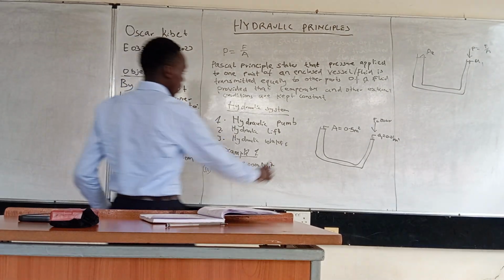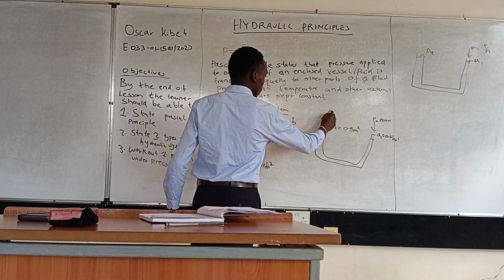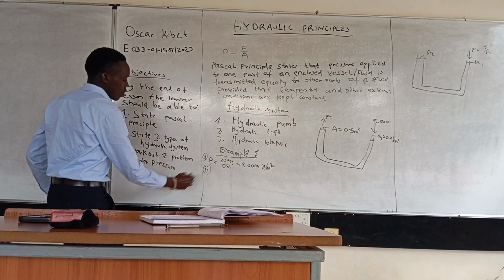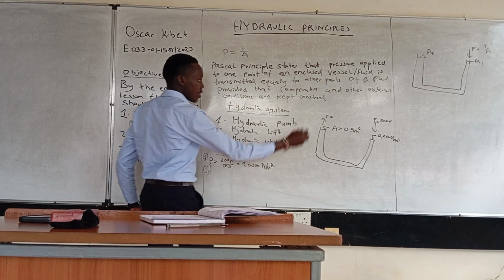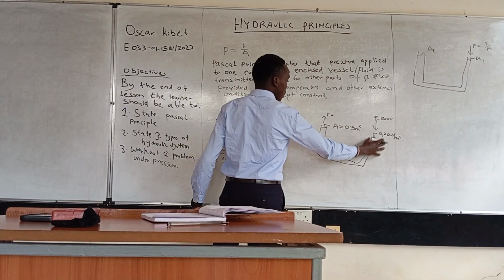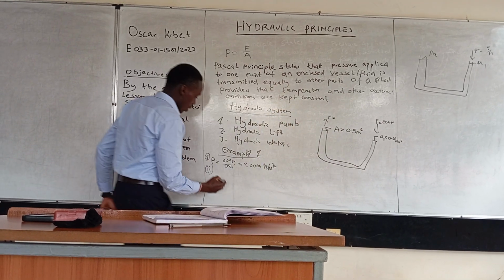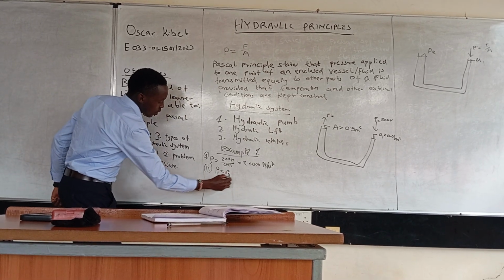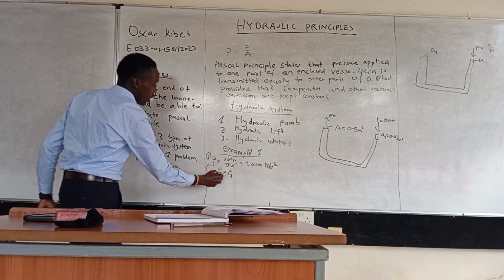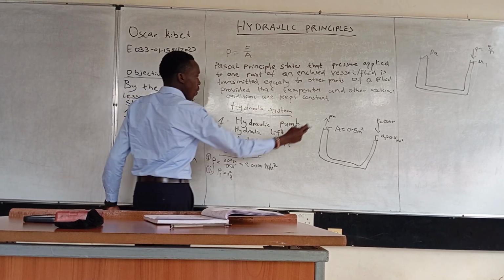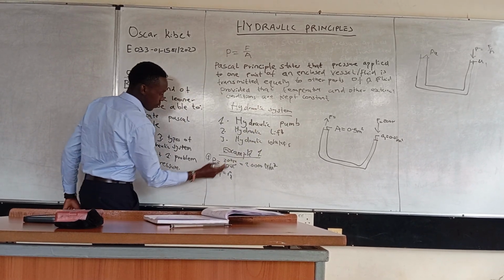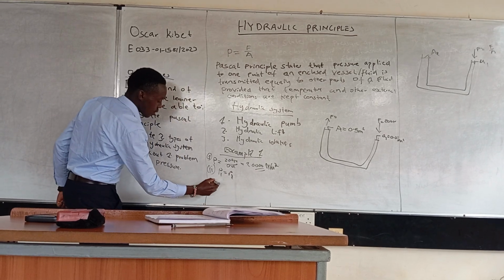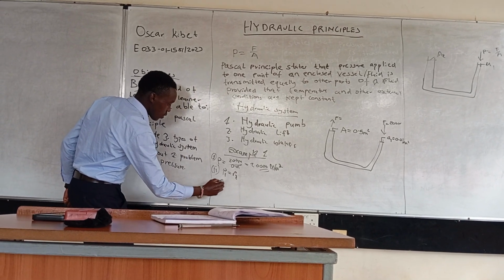Question 2 is asking to determine the force here. Under this principle, we are told that pressure is transmitted equally. So pressure 1 is equal to pressure 2. Pressure 1 is force over area, and pressure 1 has been given as 20,000.